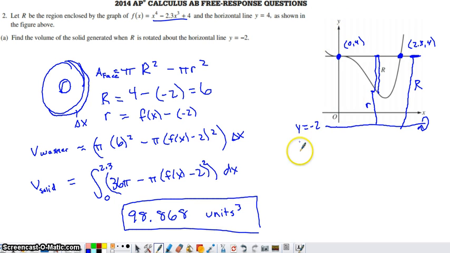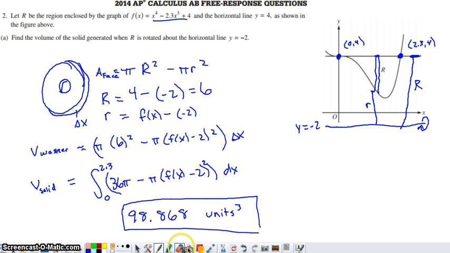So why is it not a bad thing that this actually turned out to be such a big value? Well, think about how much empty space there is between the axis of rotation and the region itself. You've got a lot of area, a lot of air that you're tracing out as you carry this region towards you, off the screen, and rotate about this axis, which is so far removed from the actual region itself.